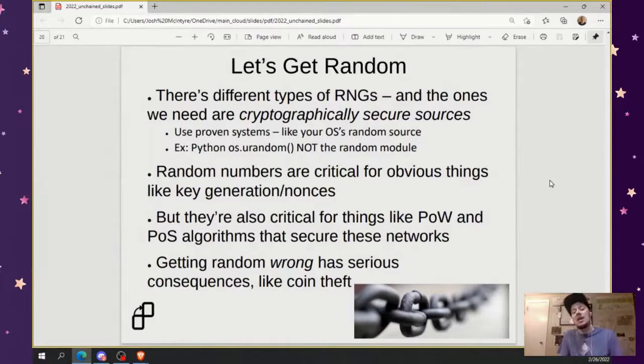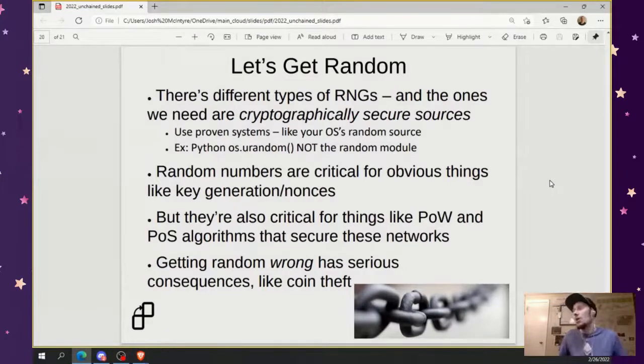And there are valid use cases for those, for things like simulations where you do want your numbers to be uniformly distributed, but also predictable for research purposes. But for crypto purposes, we need something like Python's os.urandom. So that source is one that uses the underlying OS random number generator.